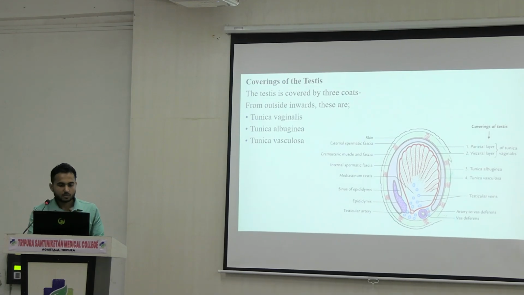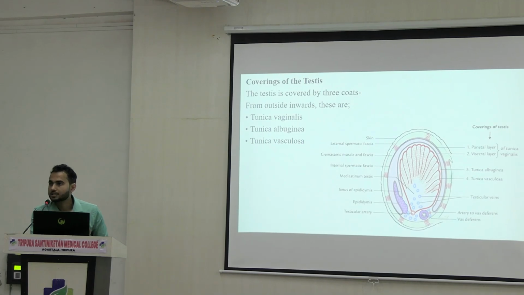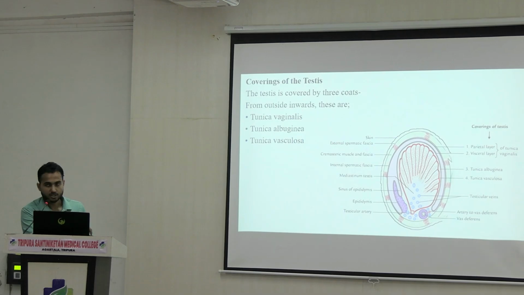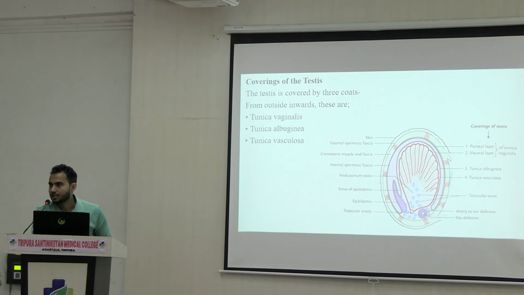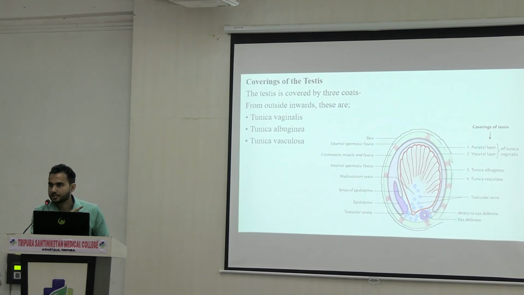So the tunica albuginea is a fibrous layer, and inside that we have the tunica vasculosa, where blood vessels are present. Like this, three layers are present in the testis, and the outermost layer, as I said, has two different layers: the outer parietal layer and the inner visceral layer.